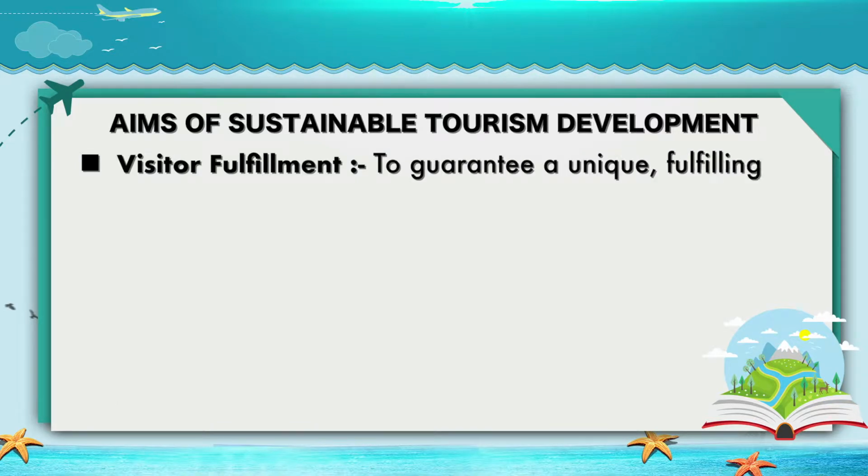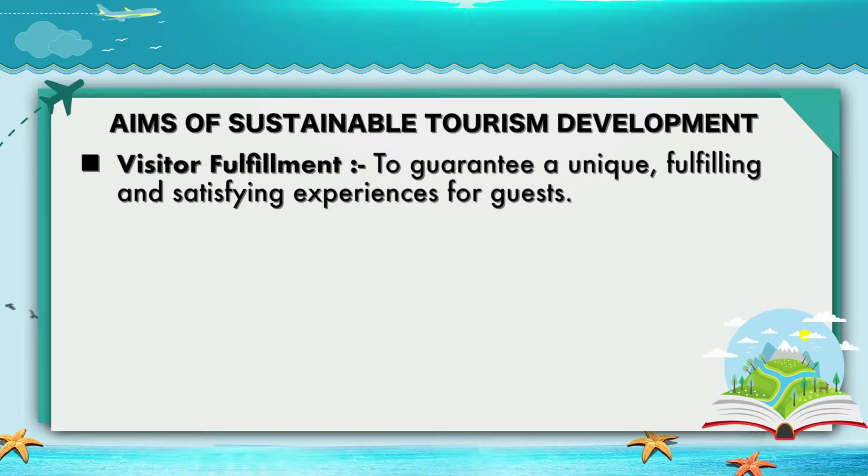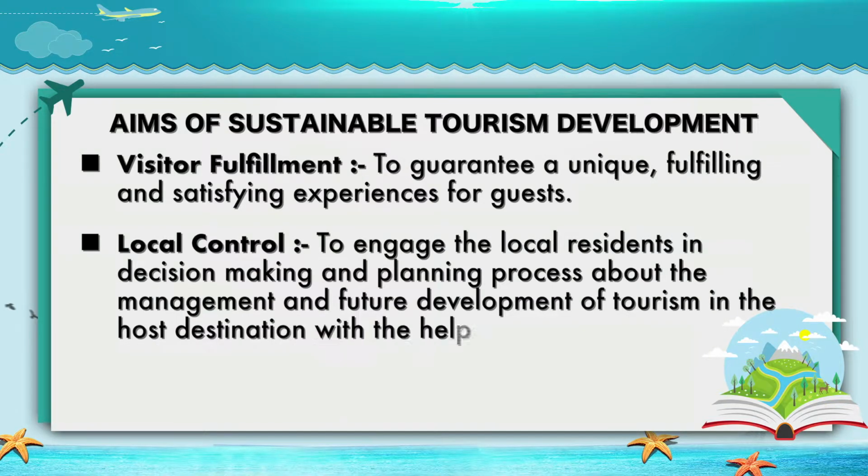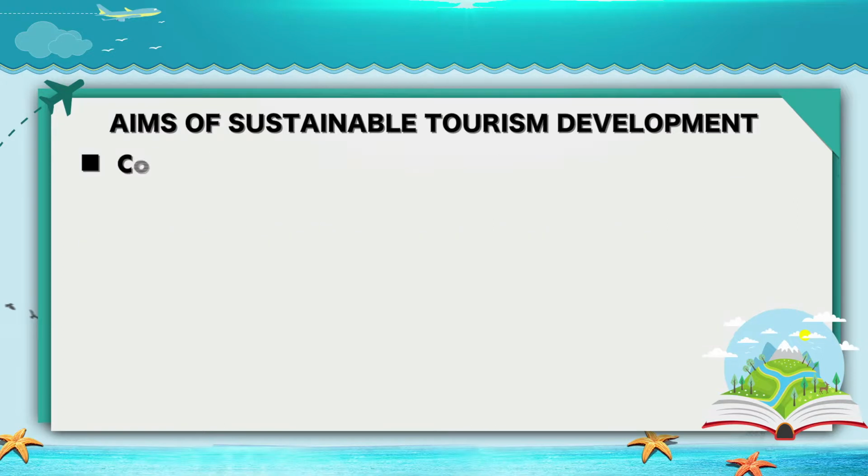Visitor fulfillment: to guarantee a unique fulfillment and satisfying experience for guests. Local control: to engage the local residents in decision making and planning process about the management and future development of tourism in the host destination with the help of various stakeholders.